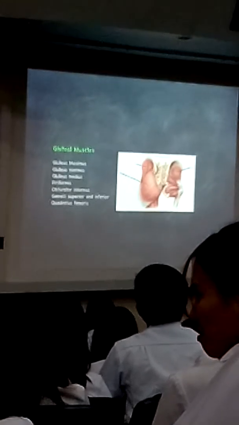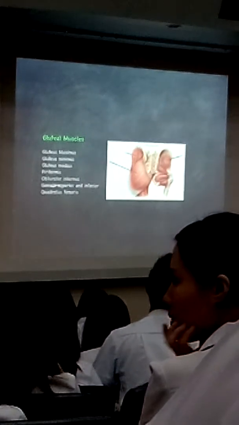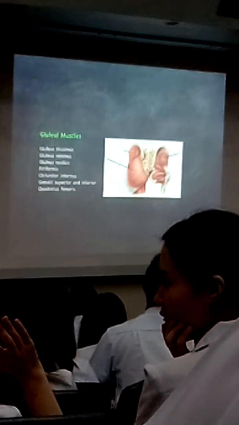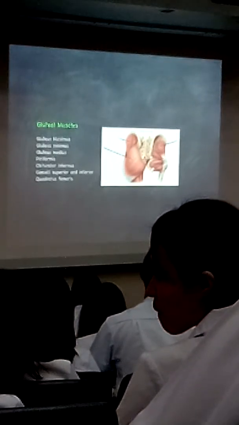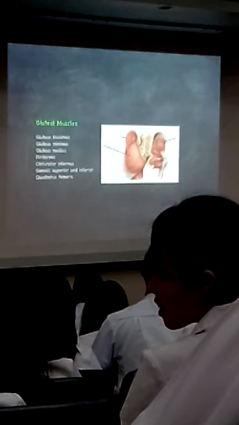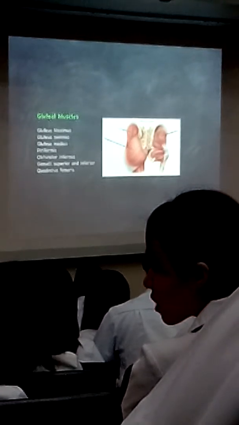Okay, for now we go to the gluteal region. So this is your gluteus maximus. So mostly these muscles have their proximal attachment in the bones, and have their distal attachment in the proximal part of the femur. So this is your gluteus maximus, this is your medius, and when you open up the maximus, you will see the minimus, and these are your short external rotators, your piriformis, and the other external rotators.